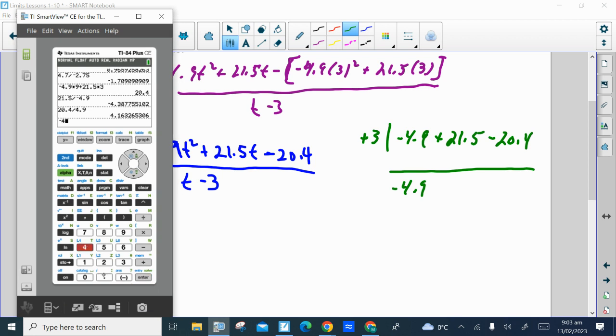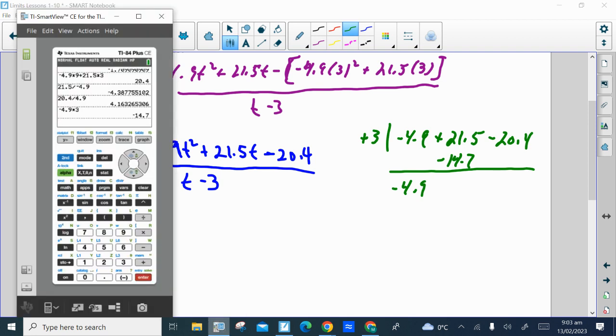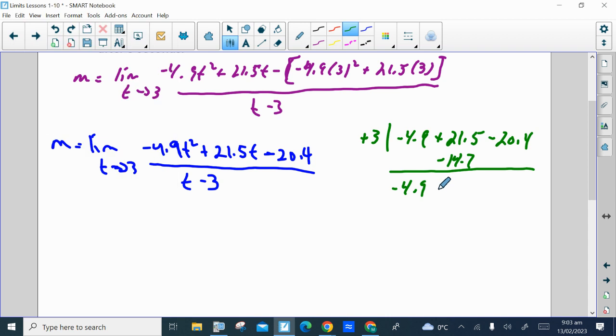So negative 4.9 times 3 is negative 14.7, so that's what goes up here. And then we add, right? We're using synthetic division here. So the negative 14.7 plus 21.5 is 6.8, positive.